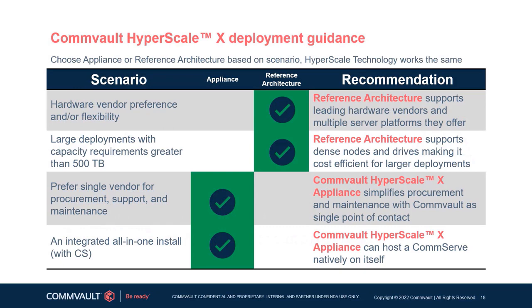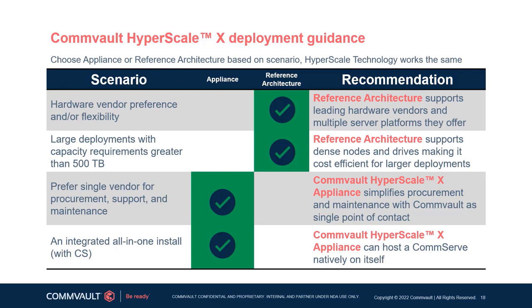This chart clearly outlines some easy ways to decide what is best for an organization. If an organization prefers to have a single point of contact for support on all levels of the appliance, then the Commvault Hyperscale X appliance fits here.